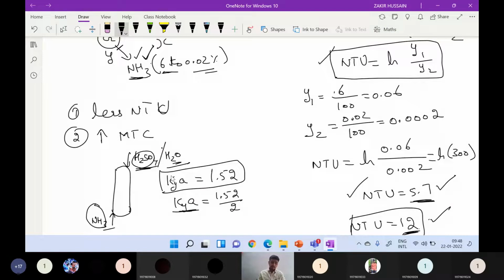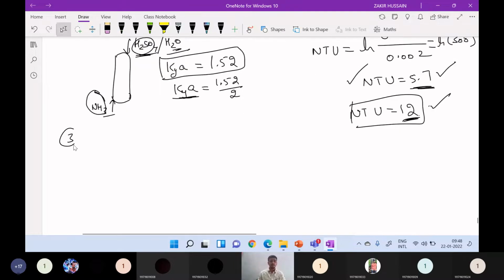Why? Because gas film resistance is usually controlling the mass transfer process, and the effective mass transfer area will be increased.